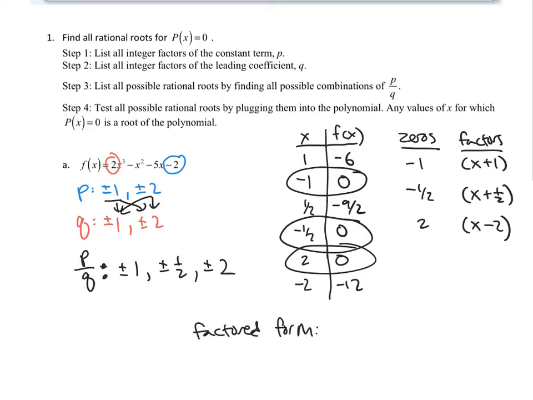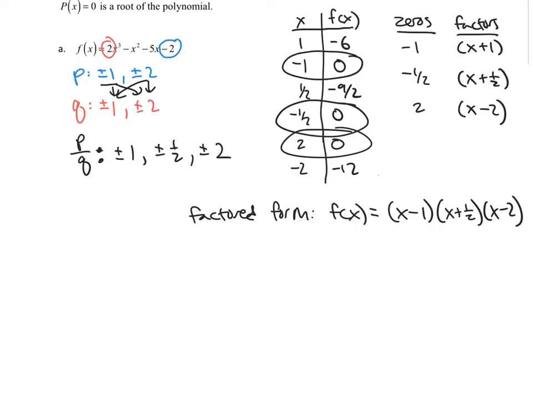And that would be f of x equals x plus 1, x plus 1/2, x minus 2. This would also allow me to graph the polynomial if I wanted to do that.